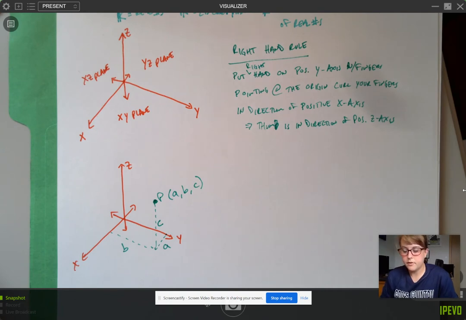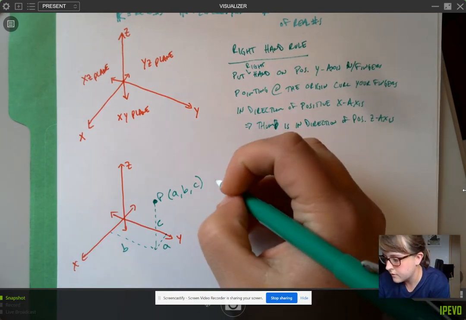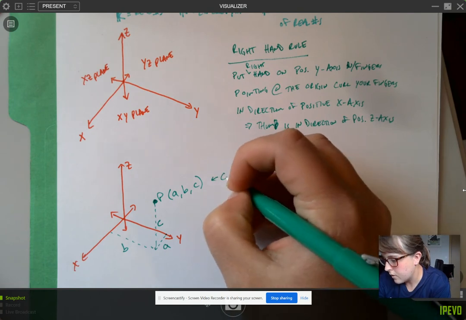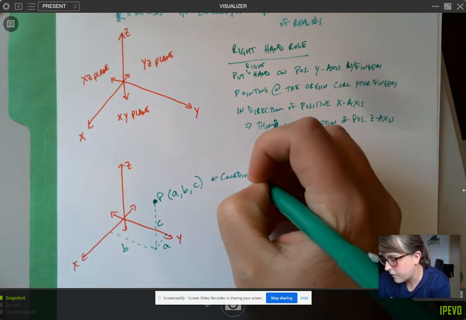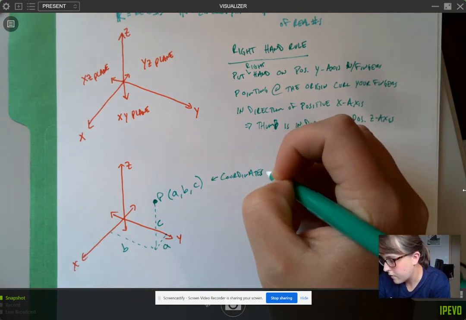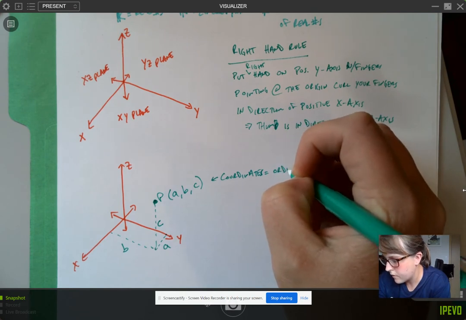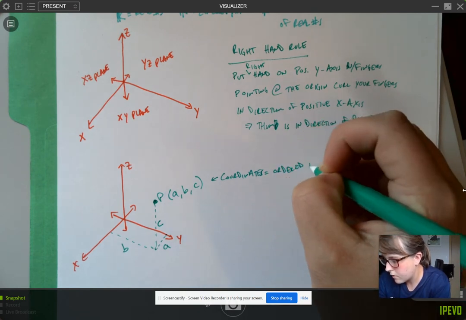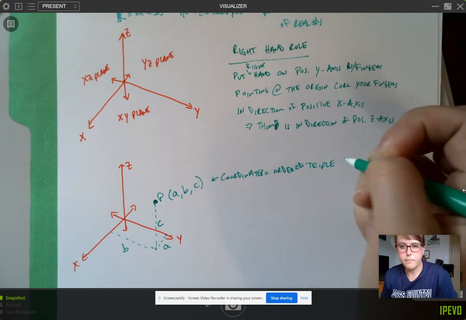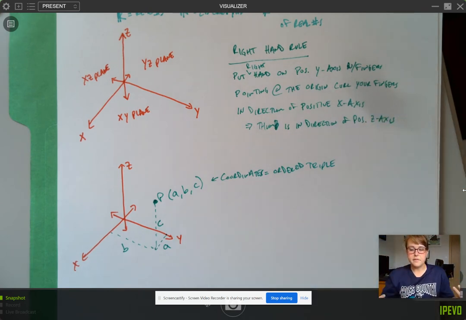So that's how we figure out our coordinates.